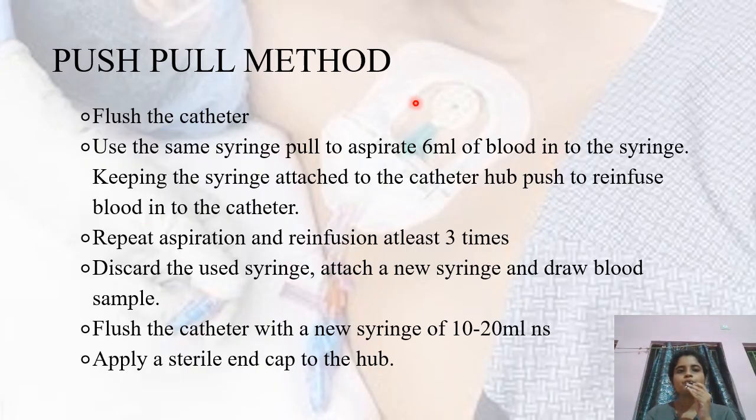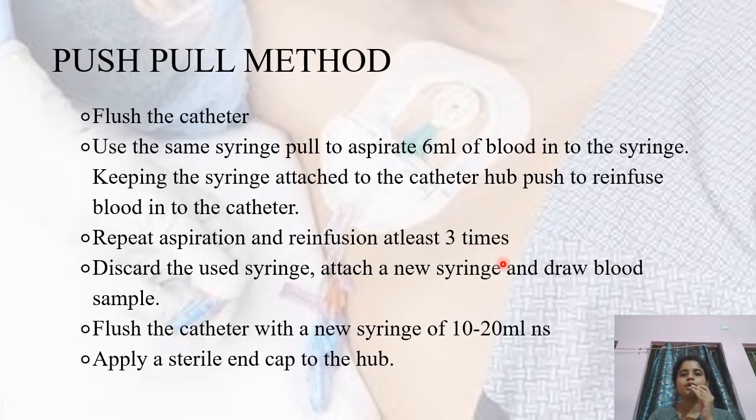Okay, in the push-pull method, the catheter is flushed and using the same syringe you pull to aspirate 6 ml of blood into the syringe. Then keep the syringe attached to the catheter hub and push to re-infuse the blood into the catheter. So first you have to flush the catheter, then aspirate 6 ml of blood, then again reinfuse.